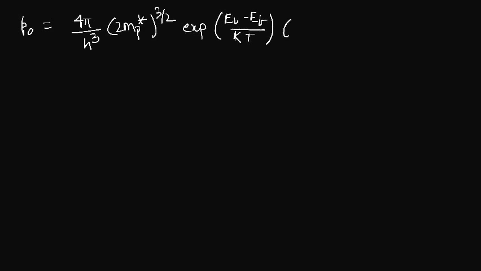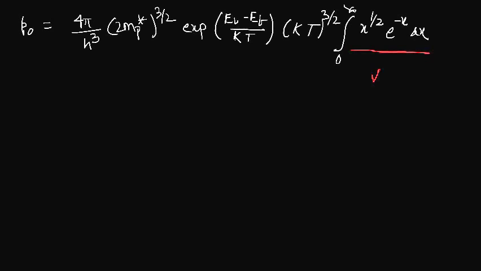Then we have KT to the power 1 by 2 and that minus KT, so we get KT to the power 3 by 2, and within the integration from 0 to infinity, x to the power 1 by 2 e to the power minus x dx. Using again the same gamma function that we have already used, this is found to be root pi divided by 2.